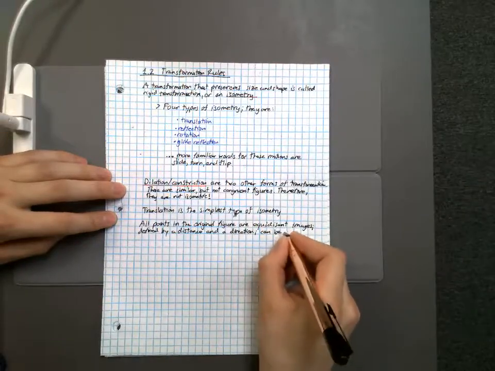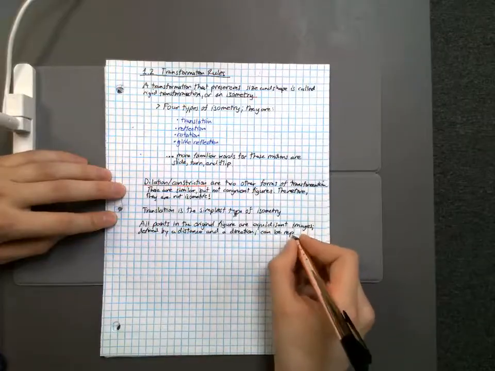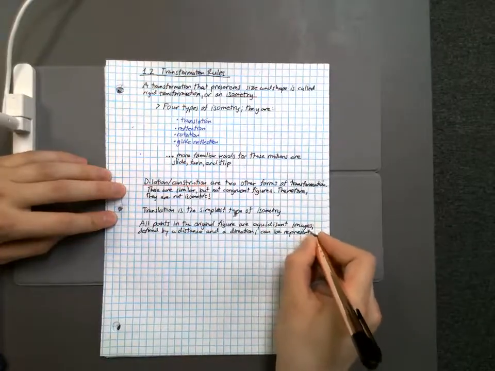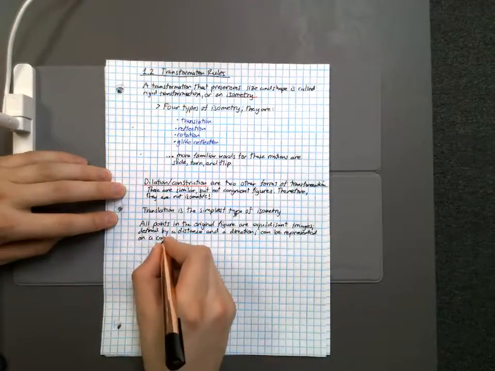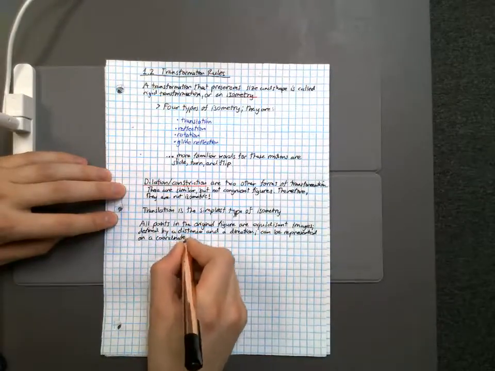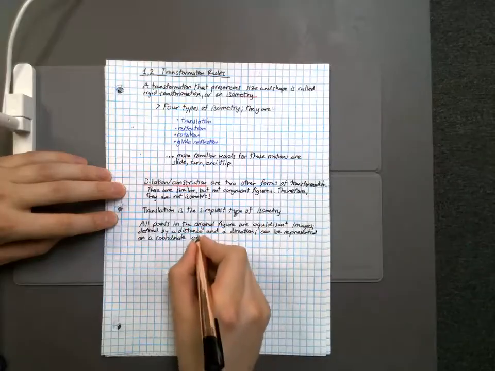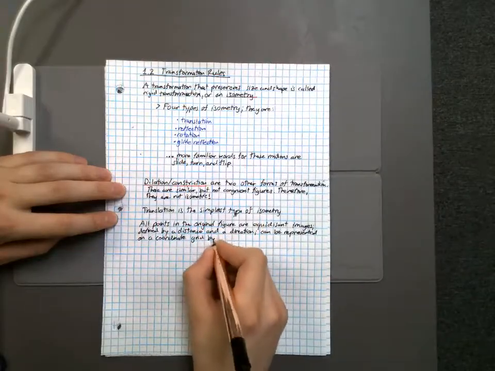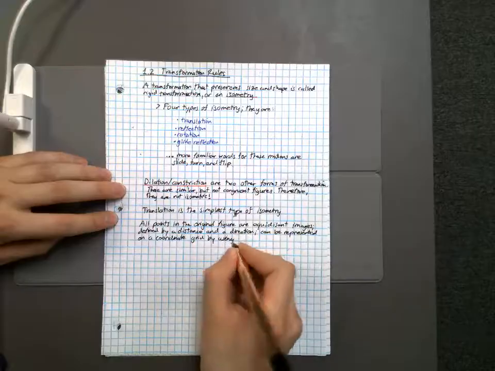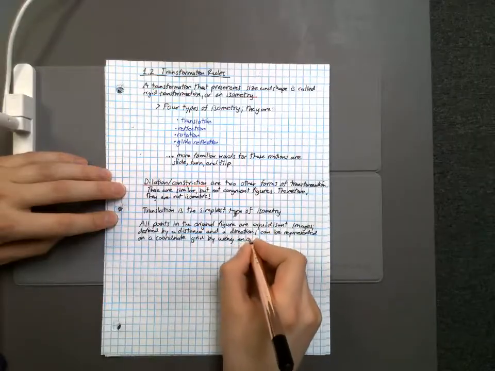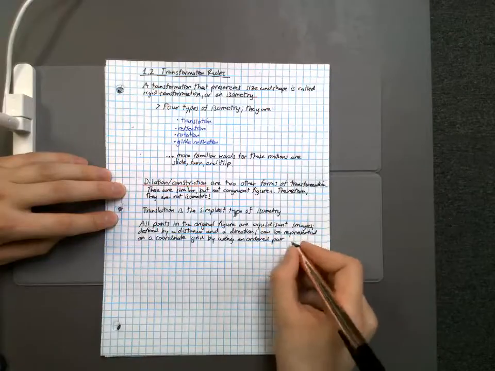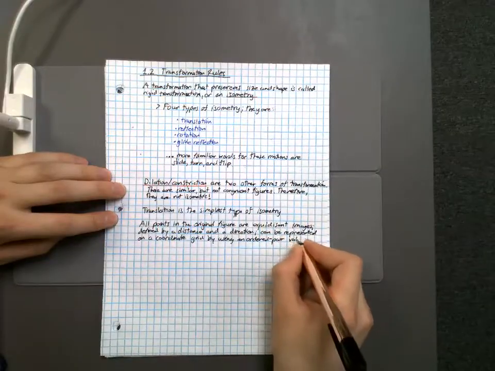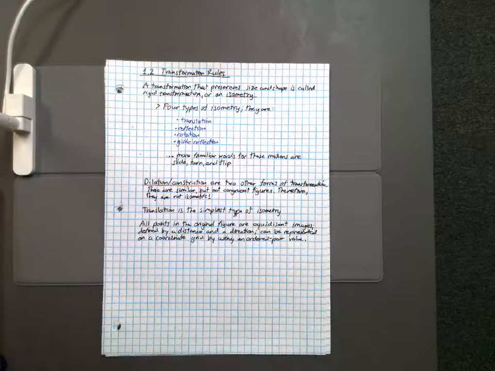They can be represented on a coordinate grid by using an ordered pair value. All right, and that's it for that section.